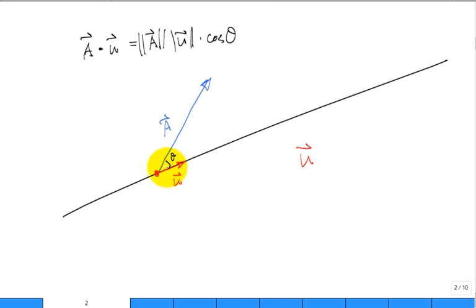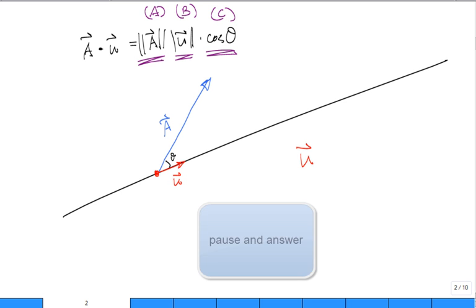Of these 3 terms, the magnitude of A, the magnitude of U, or the cosine of theta, which one is easiest for you to determine right now? I'll label them: answer A, B, or C with your clicker.